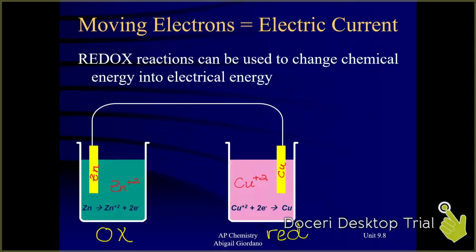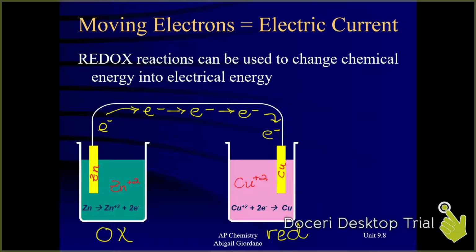That's reduction. Okay. Now, what's so special about this? Well, those 2 electrons on the left-hand side from that zinc half reaction, zinc gets rid of these 2 electrons, and where do they go? Well, they are going to flow through this wire in this direction.